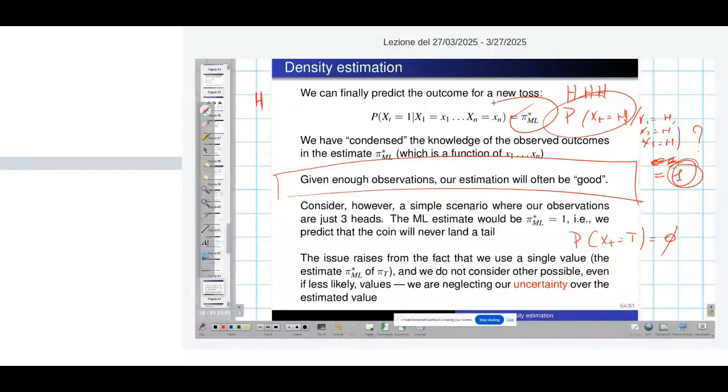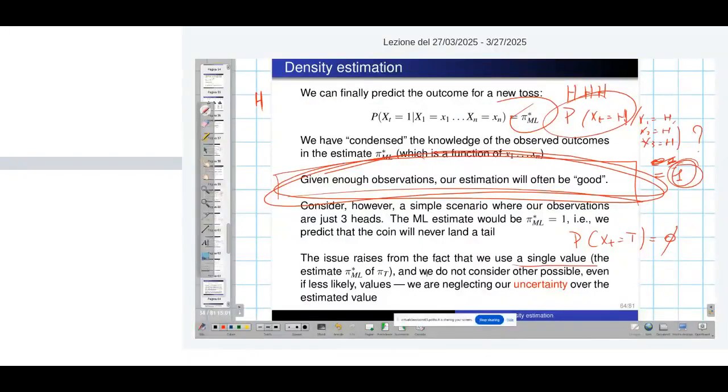When we have lots of samples, on the other hand, pi will converge to a good solution and will allow us to make the prediction.